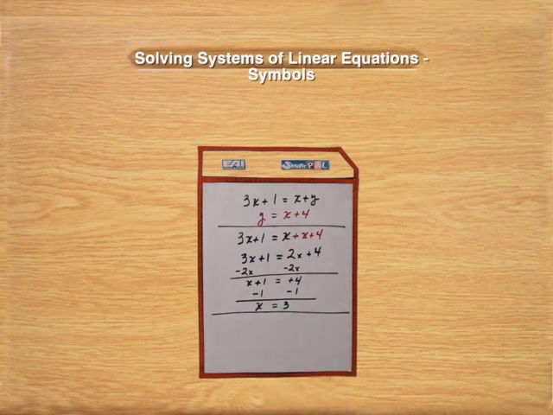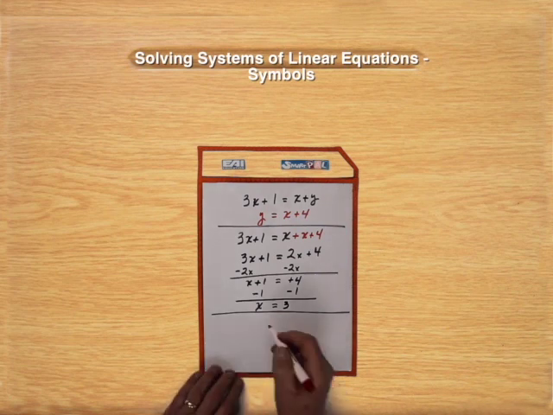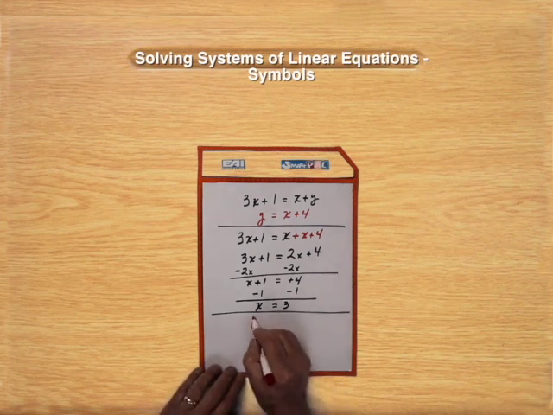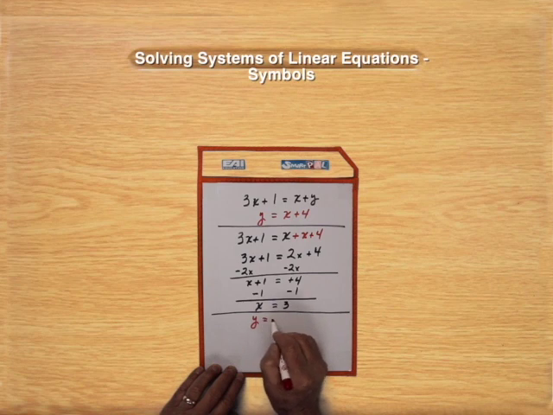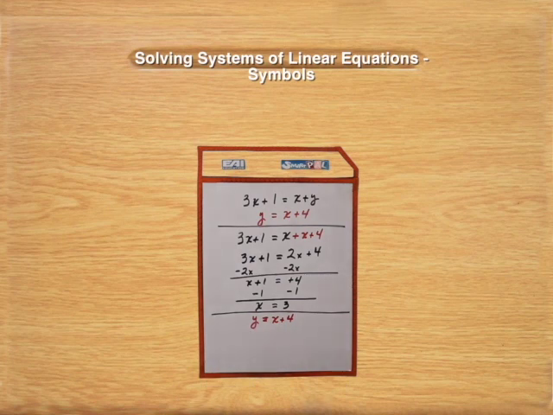Now the question is, how do we find a value for y? Well, we know that y is equal to x plus 4. So y equals x plus 4. But the value of x we have just found is 3. So what we're now going to do is substitute this 3 for the x, because x equals 3.